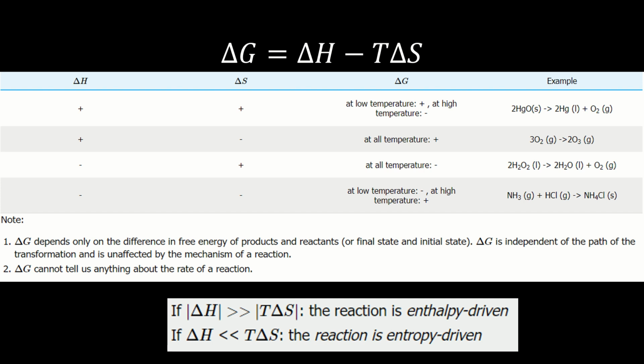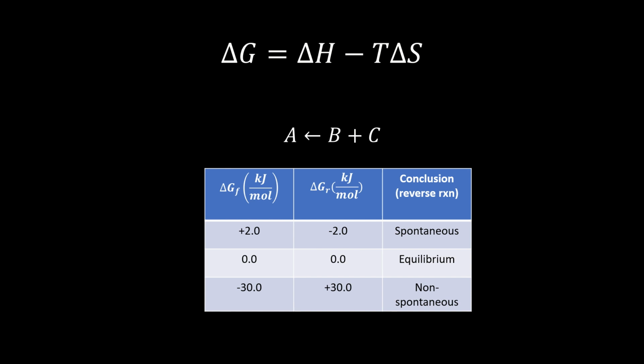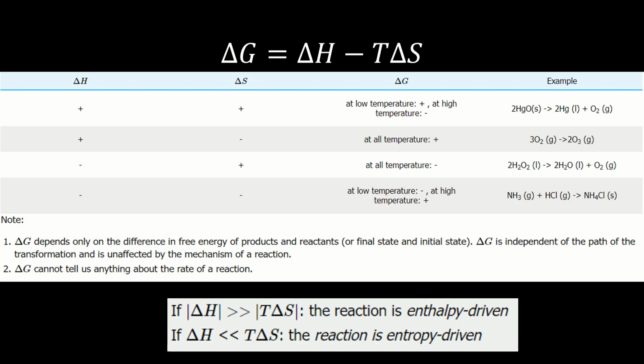For example, what if we had A going to B plus C in one step, or what if we had A decompose into some intermediate, maybe D, and then D composes into another intermediate, Z, and then Z breaks apart into B plus C. It doesn't matter if it takes us one step or many steps to go from our initial reactants to our final products.